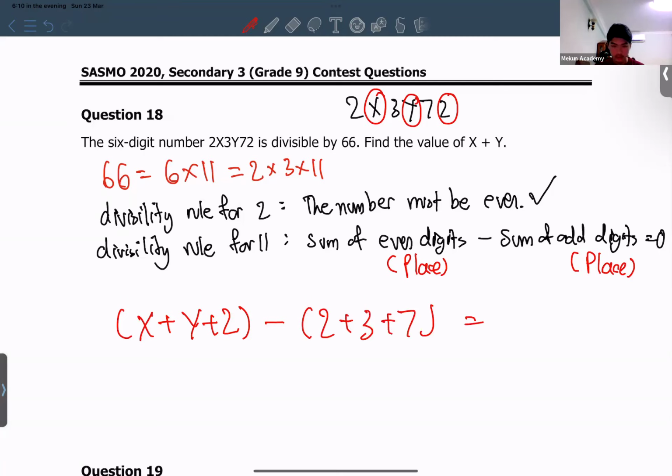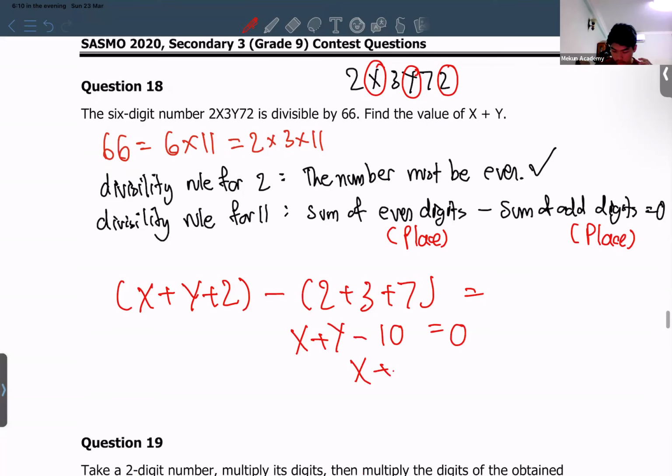We can simplify it. You'll get x plus y minus 10 equals 0, or x plus y equals 10.